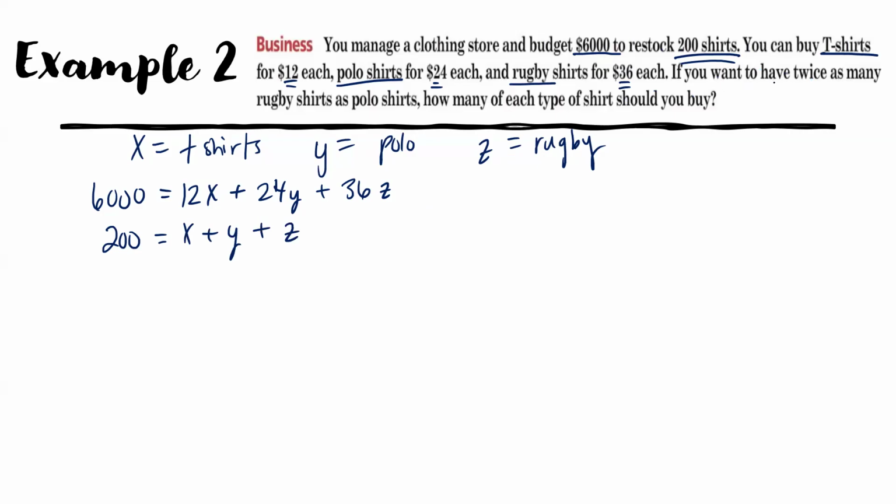Then it says I want to have twice as many rugby shirts as polo shirts. Okay, so I want rugby to equal twice as many polo. And now, did we just create a system? Yes. That's how you take the words from the problem and turn it into a system.